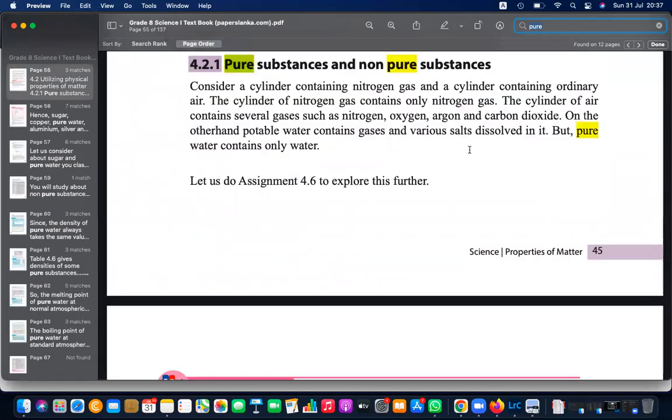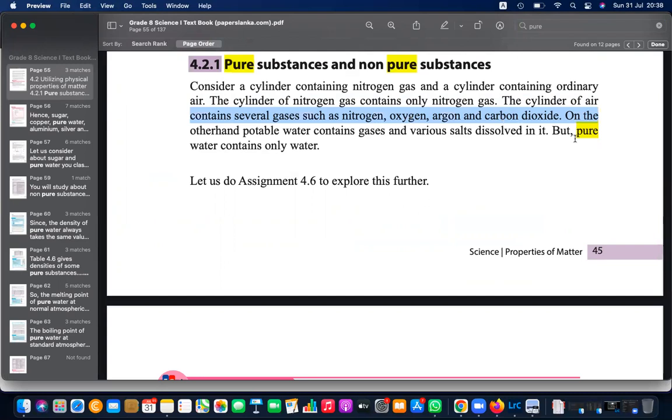Please see, when you break this down, consider a cylinder containing nitrogen gas and a cylinder containing ordinary air. The nitrogen cylinder contains only nitrogen gas, so if you break it down into the basic element, you can see it's nitrogen gas. The cylinder of air, on the other hand, has several gases like nitrogen, oxygen, and carbon dioxide. A lot of gases are mixed, so we call that non-pure, right? Non-pure.